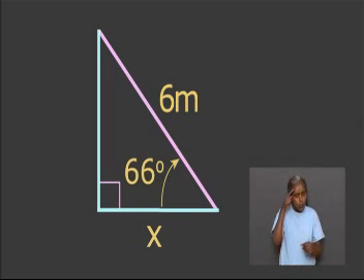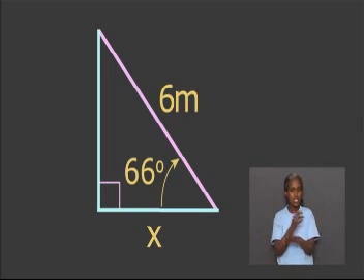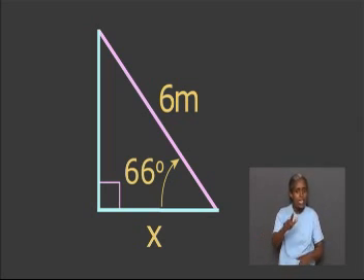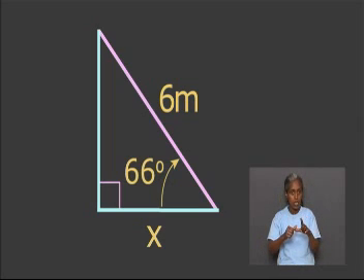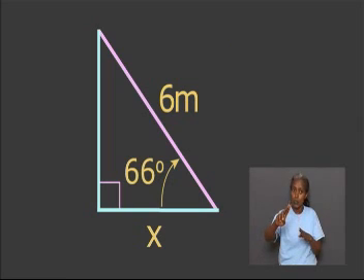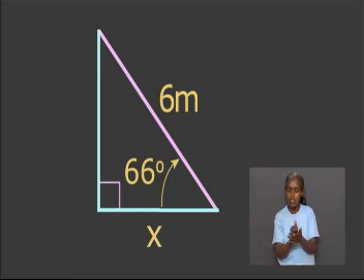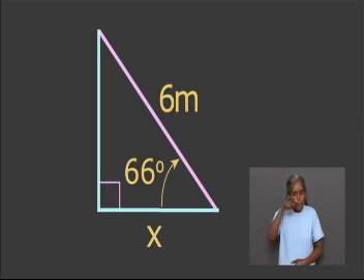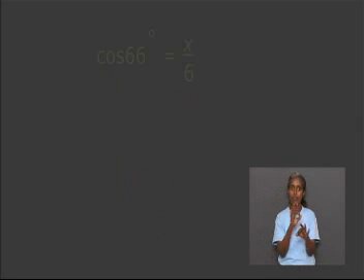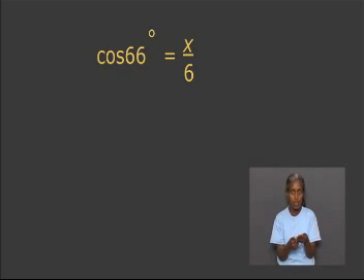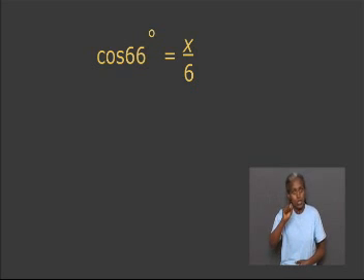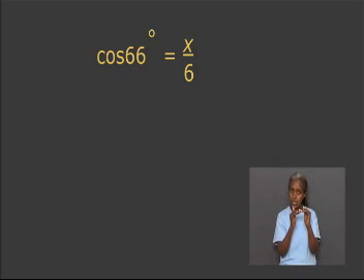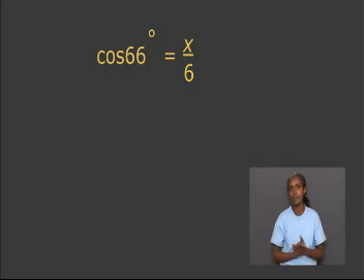Do you remember what function we must use to find the length of the opposite side of a triangle when we know the angle and the length of the hypotenuse? That is correct. We must use the cosine function. Therefore, our problem looks like this. Cosine 66 equals x over 6.